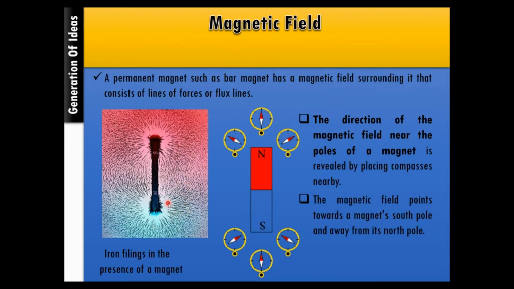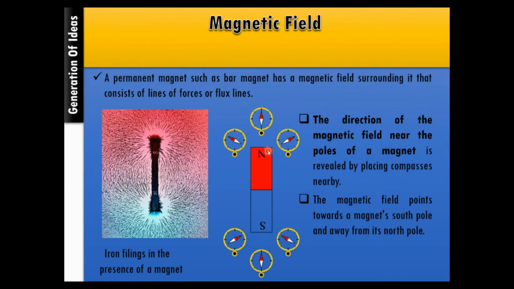So if you put a magnet bar and you spread iron powder around it, this is the view that you can see. The iron filings arrange themselves according to the magnetic flux line. That's why you see lines, something like this. Or if you put a compass around or at the edge of the magnet bar, you'll see that the compass will be deflected according to the directions.